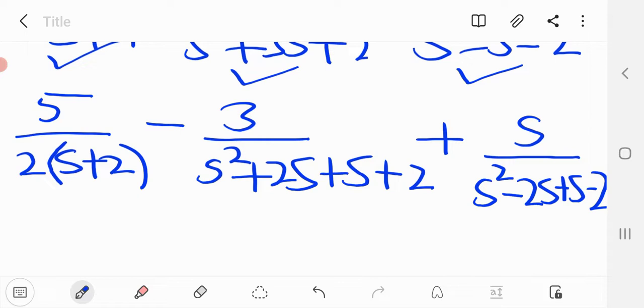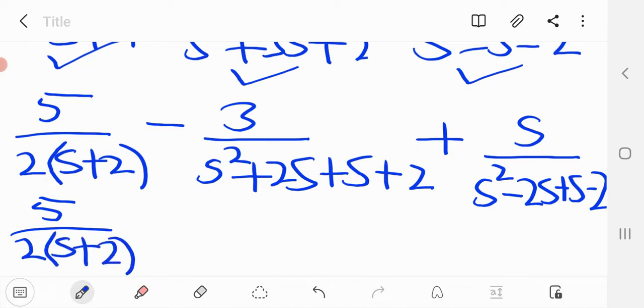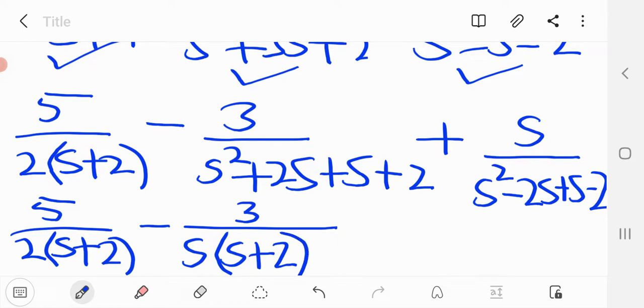So in the next step, again I'll write 5 divided by 2 into s plus 2, minus 3 divided by, in the first two terms the common thing is s into s plus 2. In the second pair, s and plus 2, the common factor is plus 1, so it will become s plus 2.